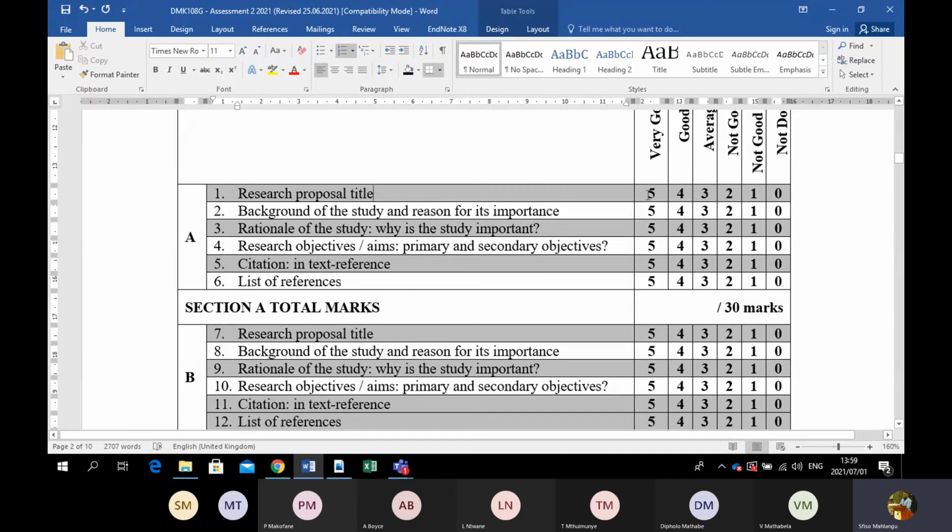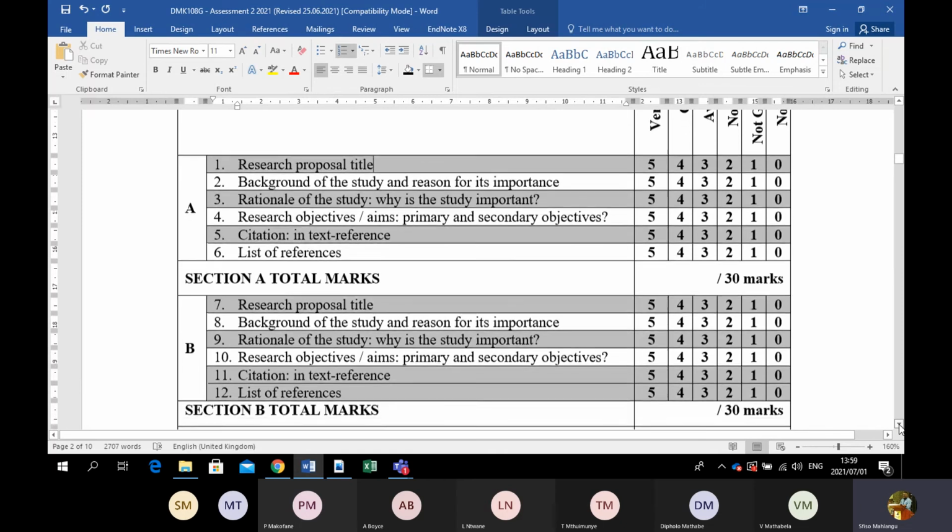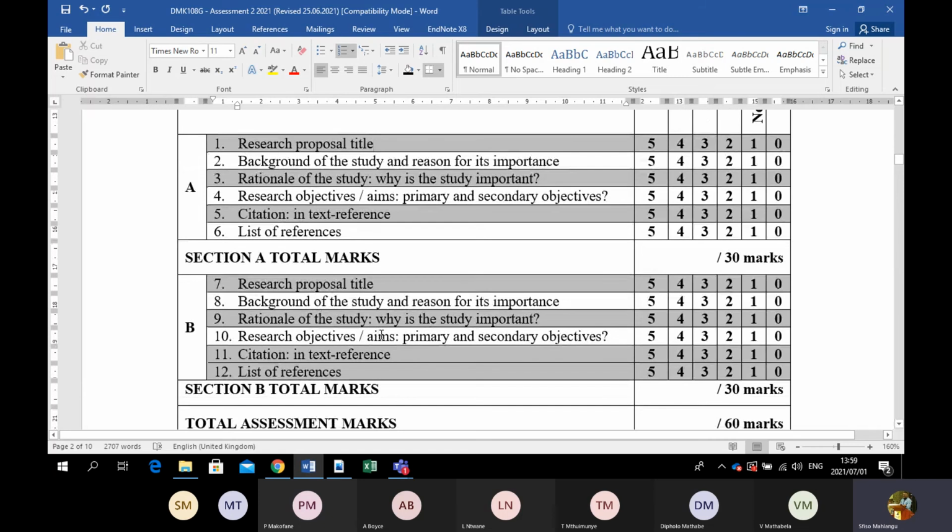If you did it well, I'm going to put very good and so on. And then in section B, you are developing a research proposal abstract. So you already have an example of a research proposal abstract in the assignment itself. This is the one that you reviewed here.